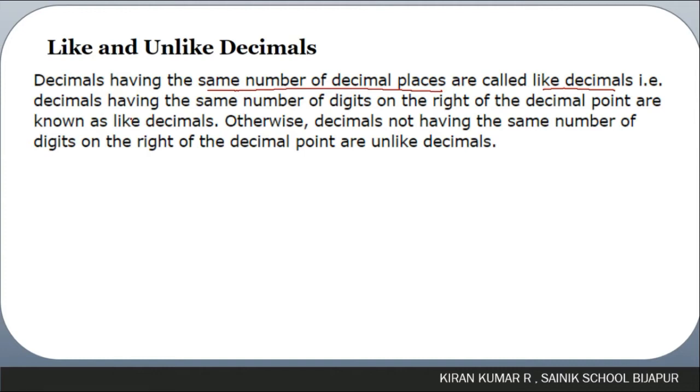That is, the decimals having the same number of digits on the right of the decimal point are known as like decimals. Otherwise, the decimals not having the same number of digits are called unlike decimals. Let me give some examples.